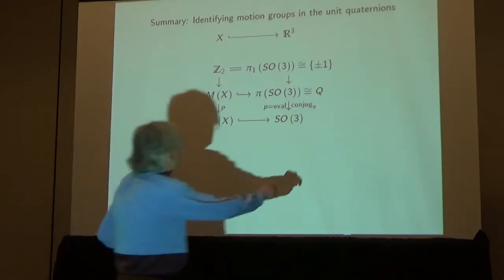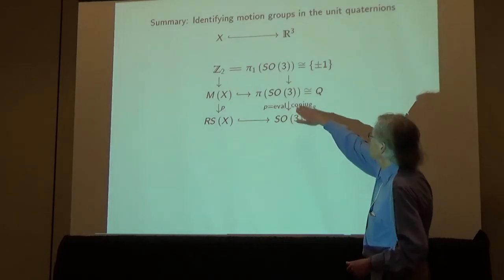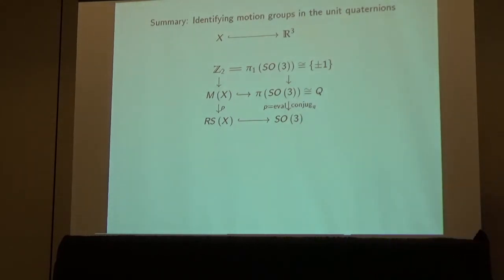You can look at what's called the path space of paths beginning at the identity in SO3 and ending at some other point in SO3, and this in fact is the unit quaternions. The motion group sits inside that. So what we have here is the motion group sitting inside essentially the quaternions.